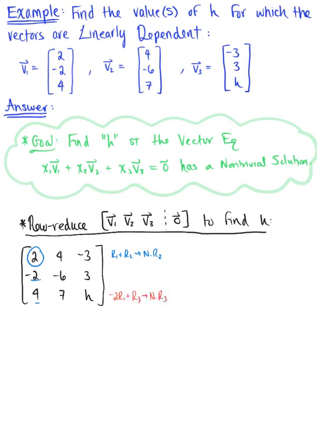So here we go. Our first row remains as it is. We have 2, 4, negative 3. And in our first reduction, we have 2 minus 2 to give us 0. We have 4 minus 6, which leaves us with negative 2.